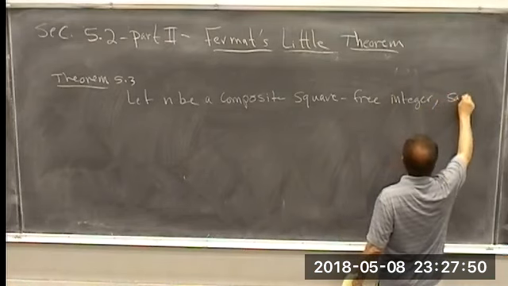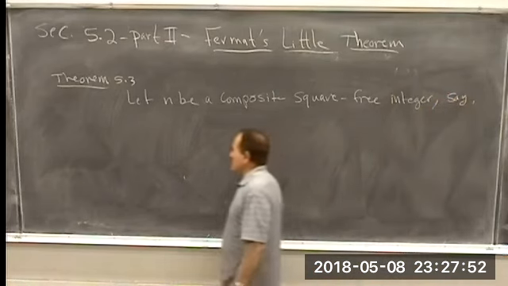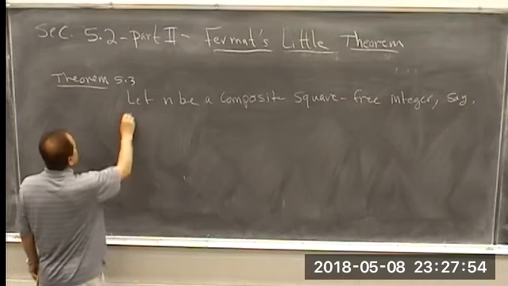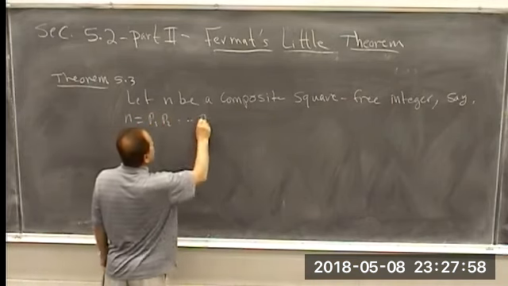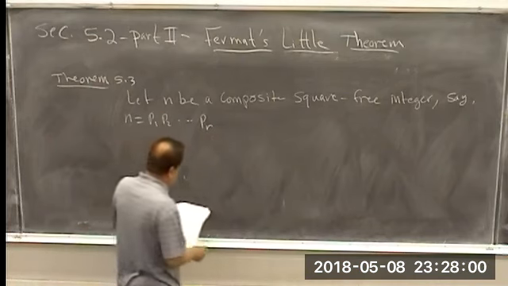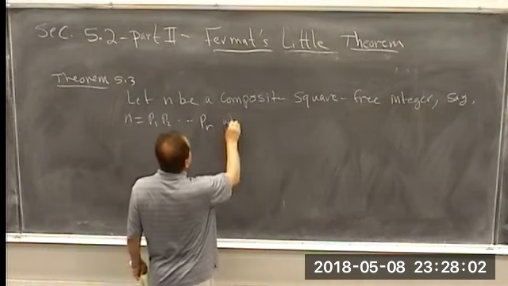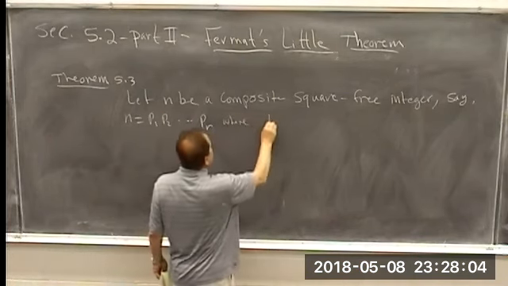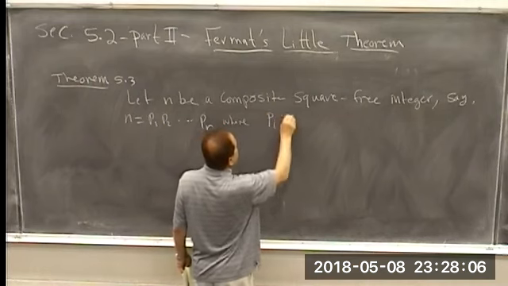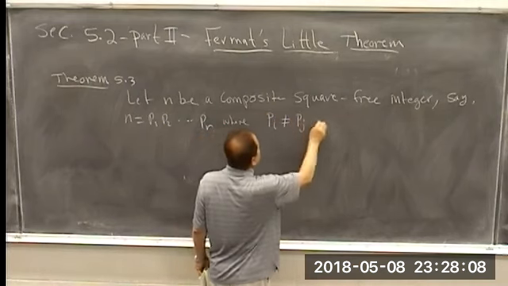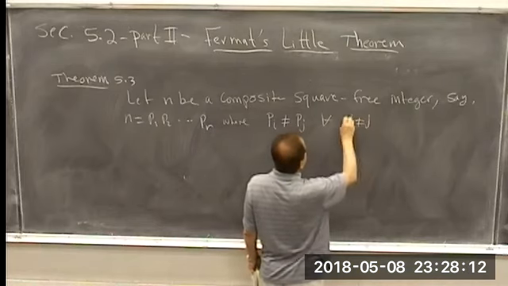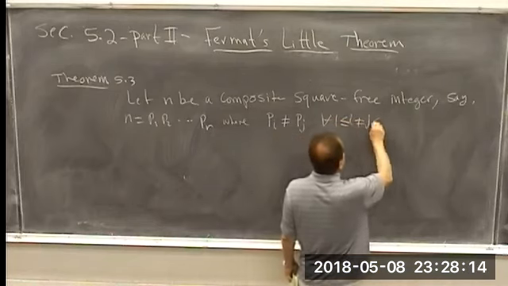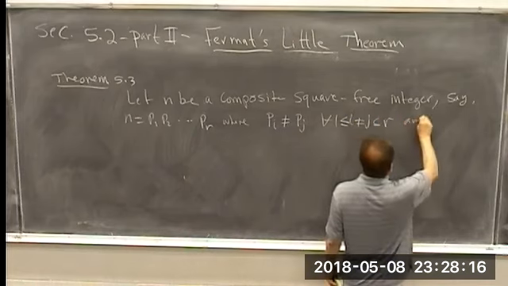Let's say that N is the product of these distinct primes, where Pi does not equal Pj for every i not equal to j in 1 to R, prime.